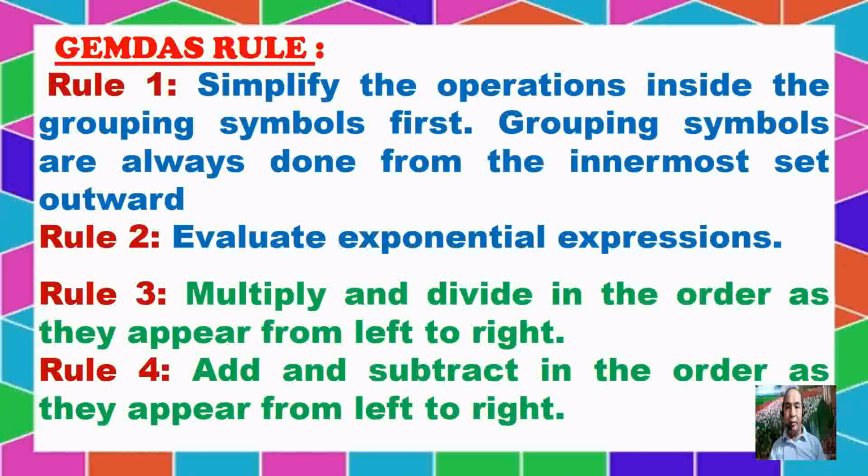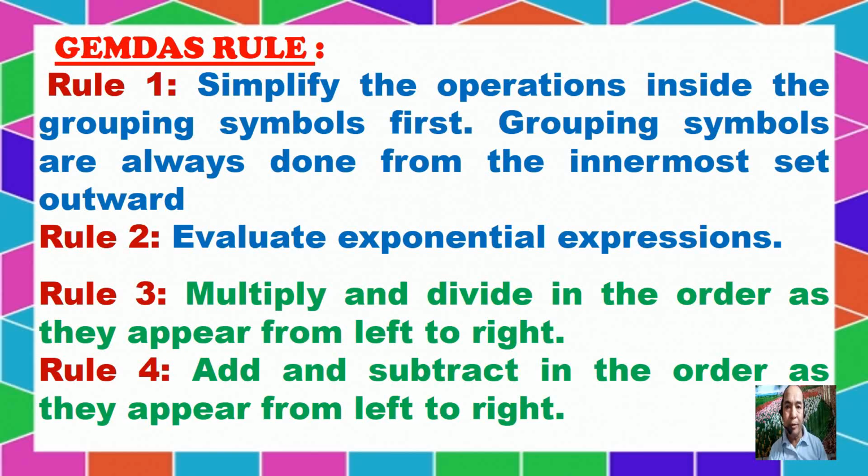Okay, let's take on the GEMDAS rules so that we can use them in solving or simplifying the expressions that we have in our module, especially in our assessment. So we have rule number 1. What does rule number 1 say? Simplify the operation inside the grouping symbols first.